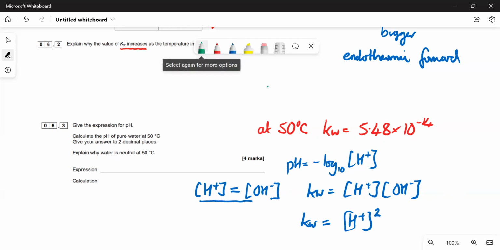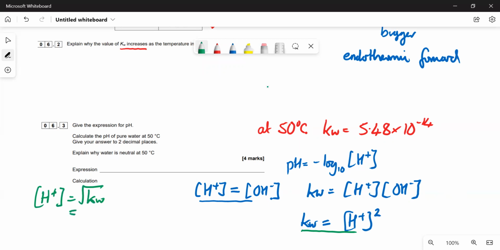So from this, you know that H plus is equal to the square root of Kw. The value of Kw here is 5.48 times 10 to the minus 14. The square root of that works out to be 2.34 times 10 to the minus 7 moles per decimeter cubed.